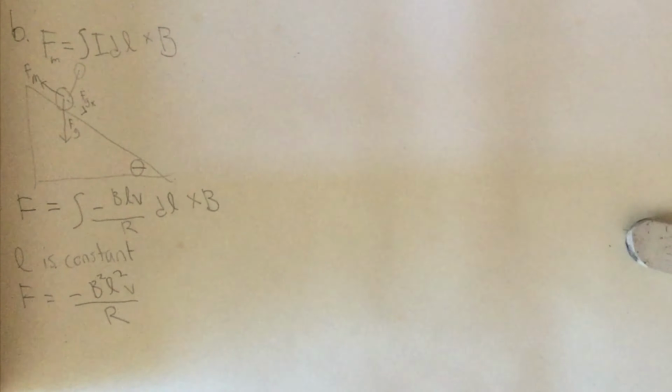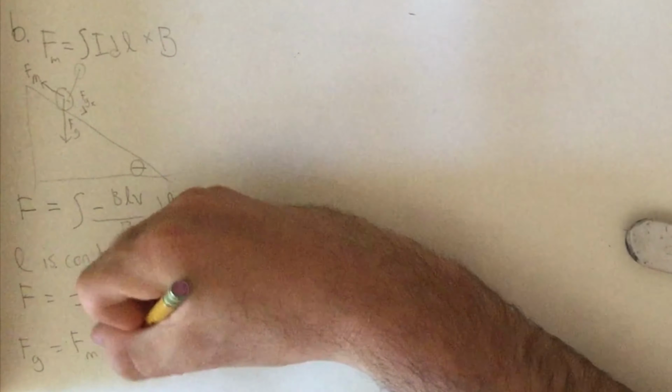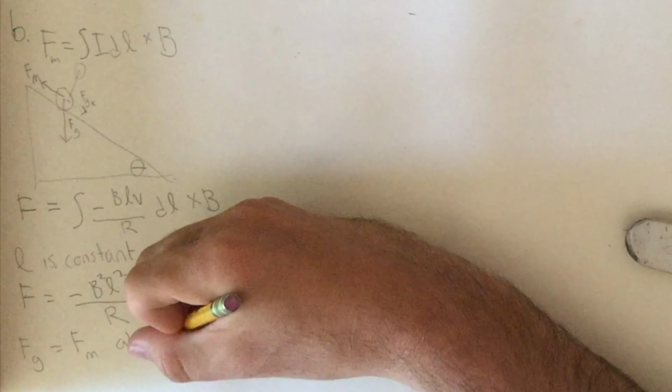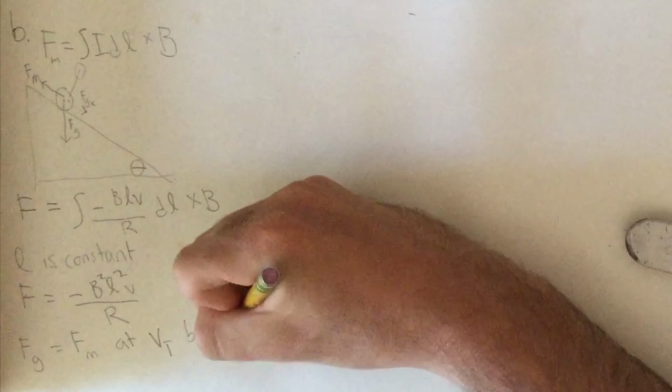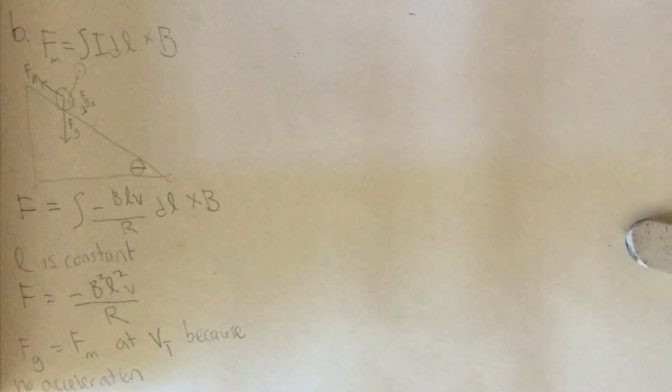And now we have the magnetic force going upwards, opposing the force of gravity. Yes. And the terminal velocity occurs when the force of gravity is equal to the force of the magnetic field, because there will be no acceleration.